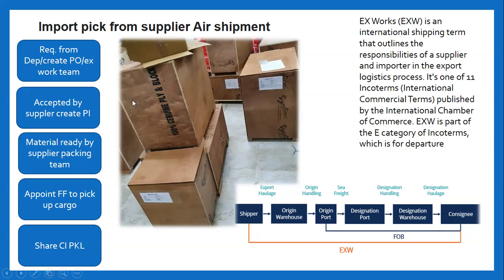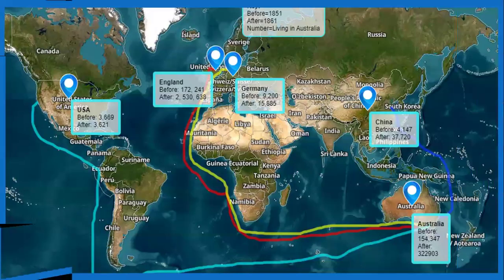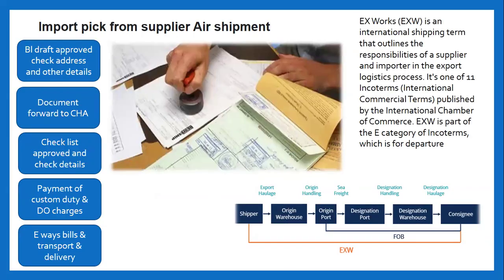So the steps are: the goods are dispatched from the supplier and goods are received in India. In between, there are other more important stages we will cover. When the supplier dispatches the goods from overseas, he sends the available draft copy to be approved by the importer.